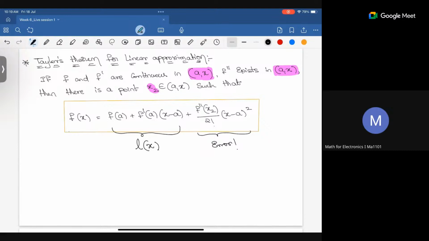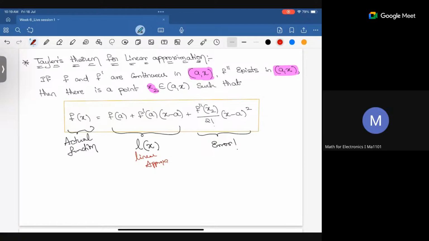This is the exact value, the actual function. This is the linear approximation. And the difference between these two will be the error, so that is why this is called the error term.